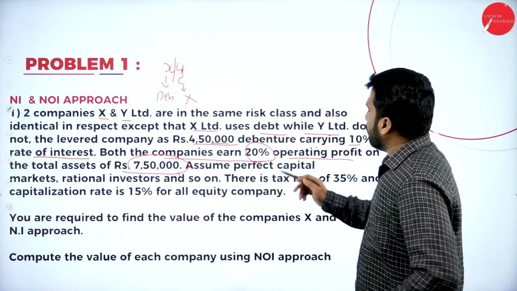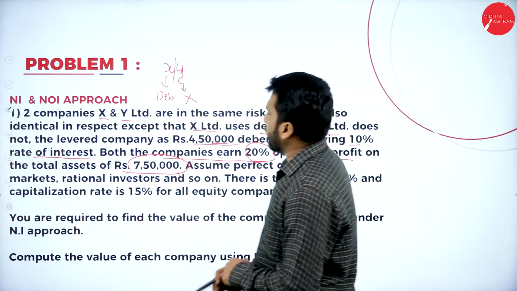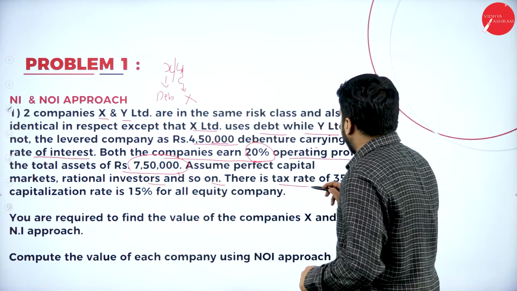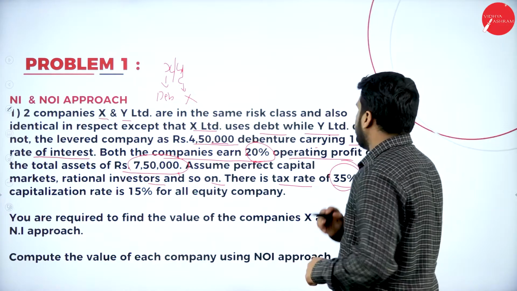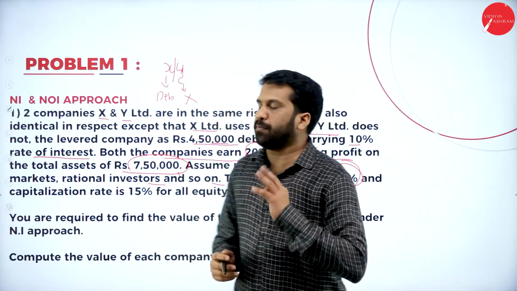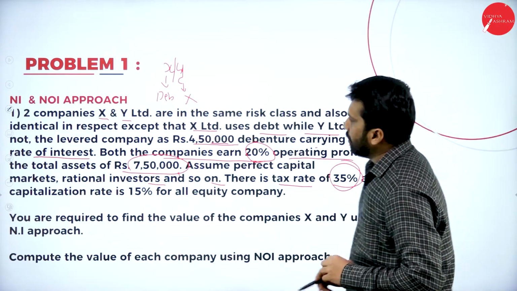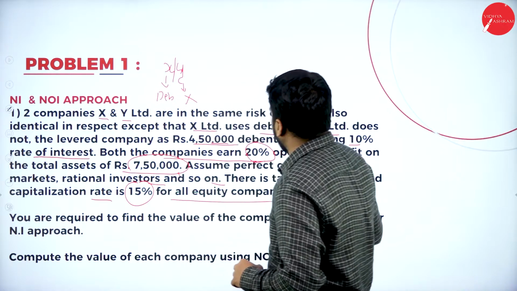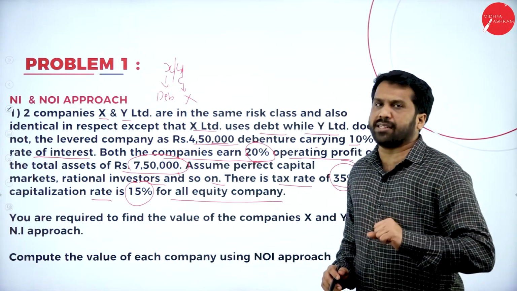Now, assume perfect capital market, rational investors and so on. There is a tax rate of 35%. What is the rate of tax? We have 35% and the capitalization rate is 15% for all equity company. What is capitalization rate?